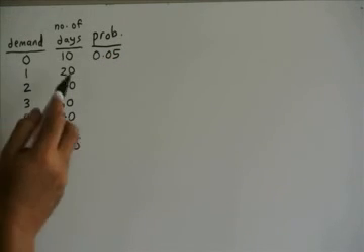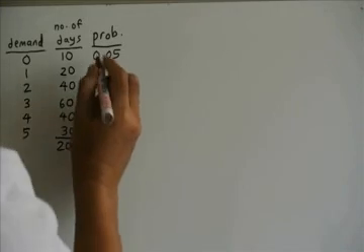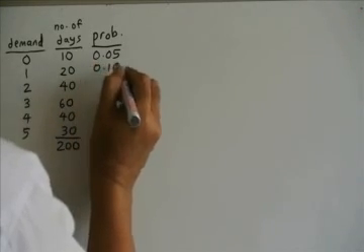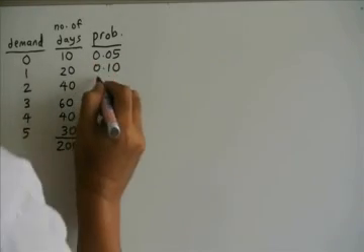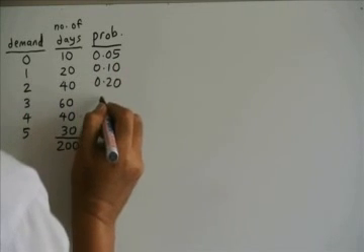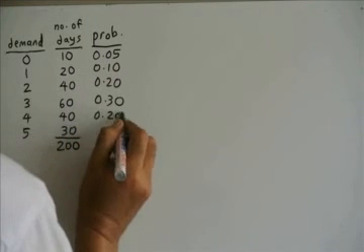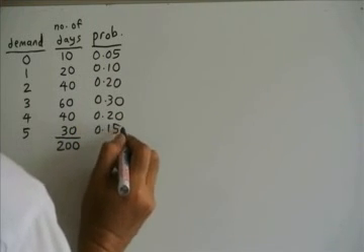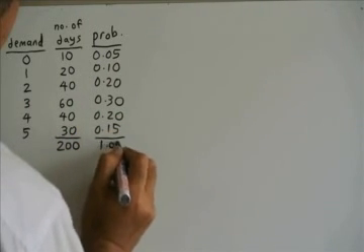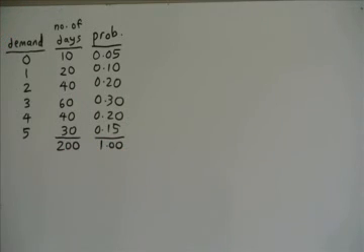Demand is 1, 20 days, the probability is 20 over 200, which is 0.10. Then 40 over 200, 0.20, and so on. And one way to check the answer is the total must be 1.